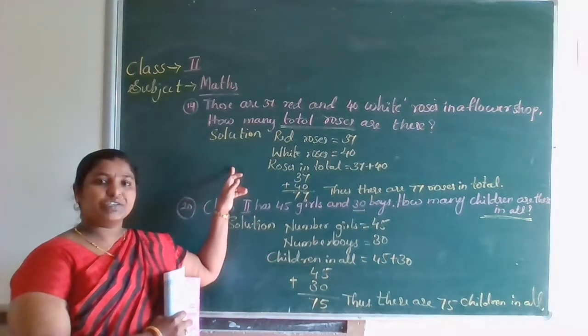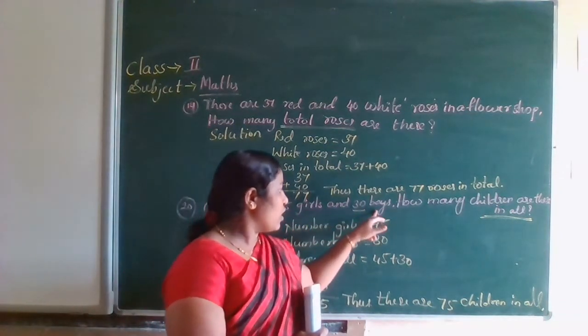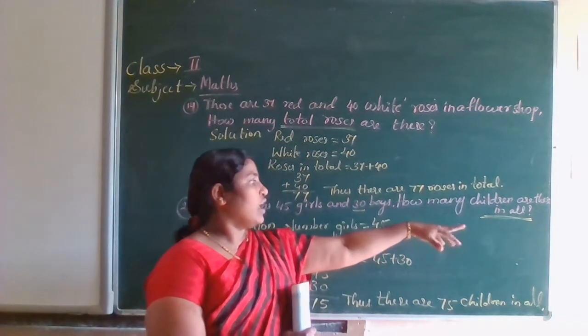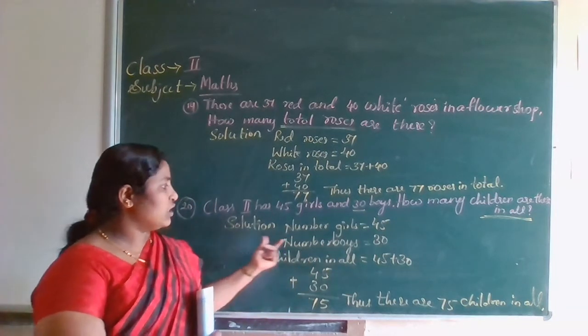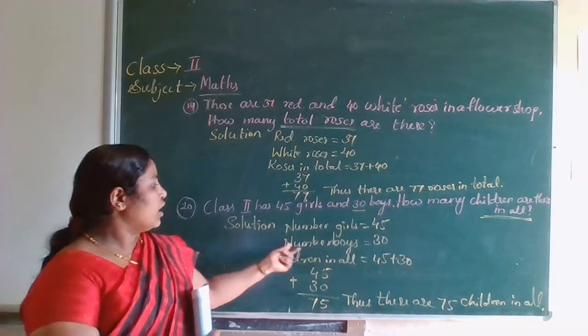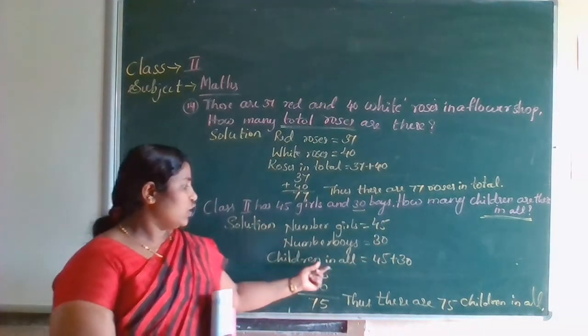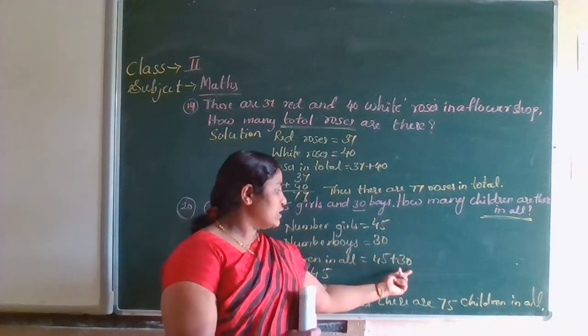Okay, this is also an addition problem. Class 2nd has 45 girls and 30 boys. How many children are there in all? Solution. Number of girls is equal to 45. Number of boys is equal to 30. Children in all is equal to 45 plus 30.